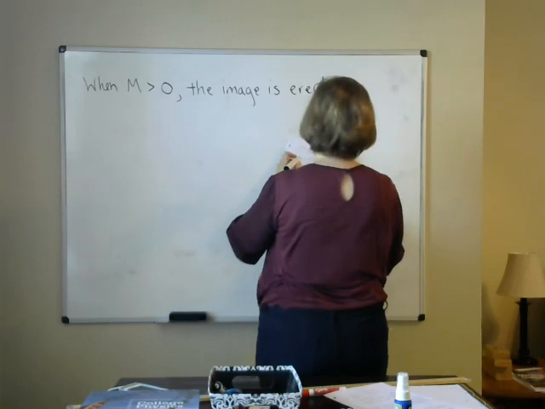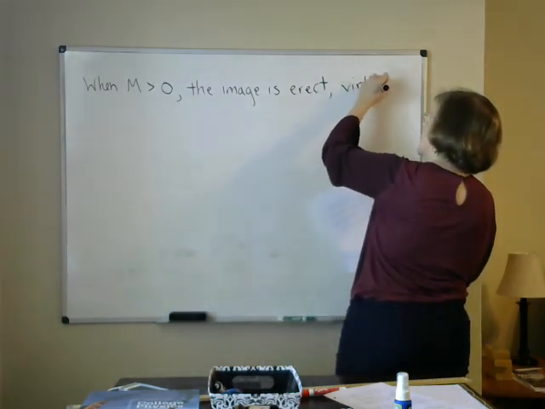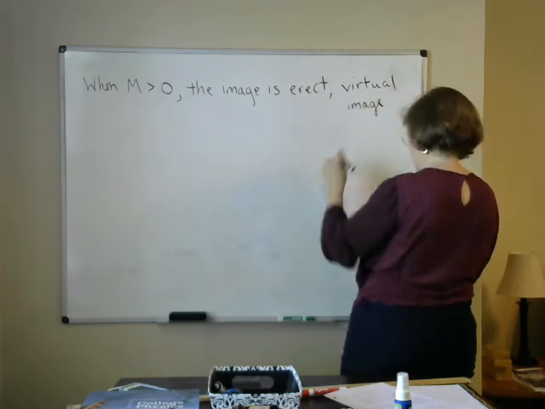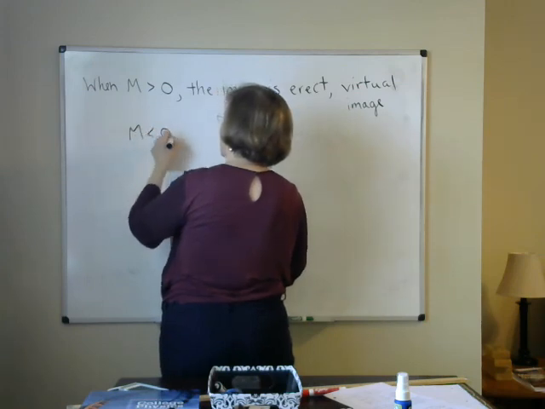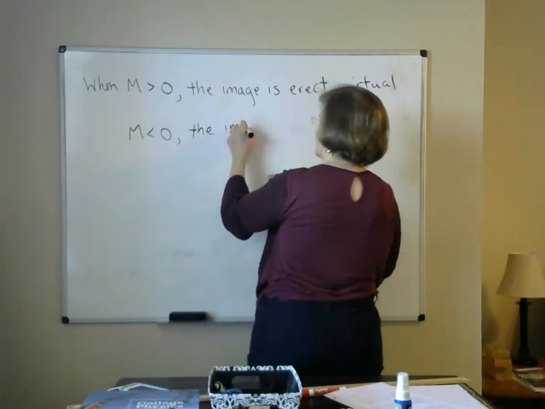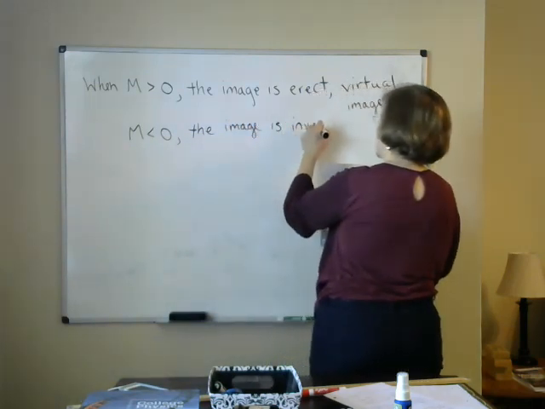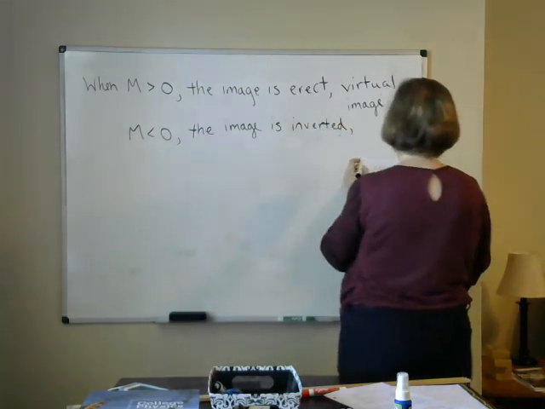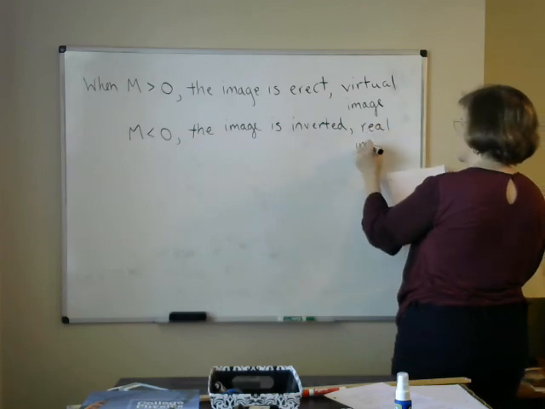And that also means that it's going to be a virtual image. If the magnification is less than 0, the image is inverted. It's upside down. And that is going to be a real image.